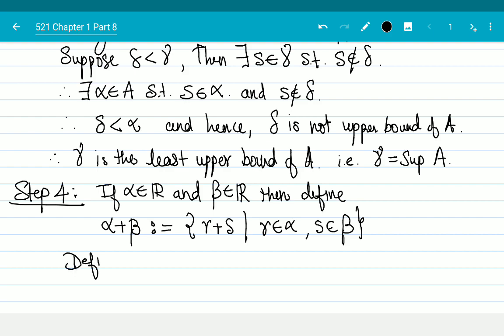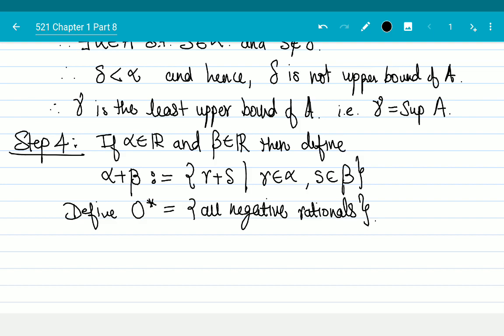Define 0 star to be the set of all negative rational numbers. Okay? Then it is clear that it is a cut. All three properties of a cut are easily satisfied.